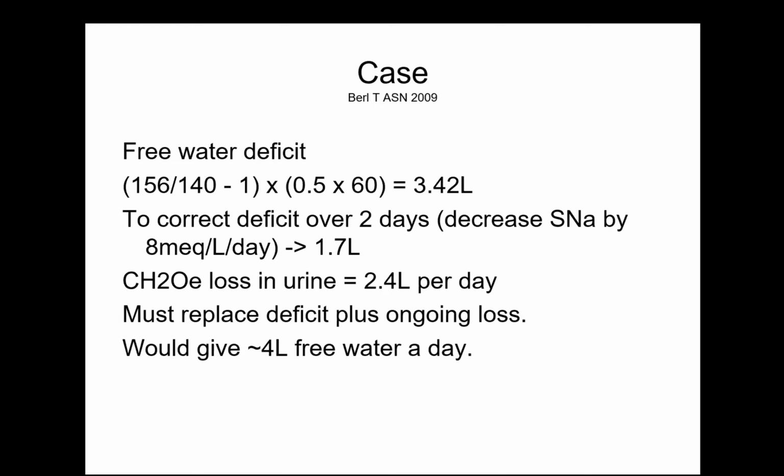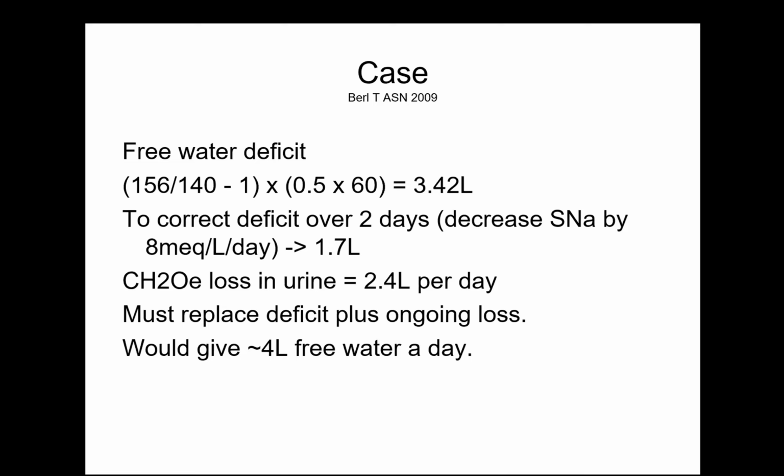Because even if you have central DI, and even if you are peeing 10 liters of urine a day because you have central DI, you will be able to protect yourself by drinking, because you're going to feel thirsty and you're going to keep drinking, and your sodium may be 146, 147, but it will never be 156. So this person already proved to you that she cannot drink adequately for herself.